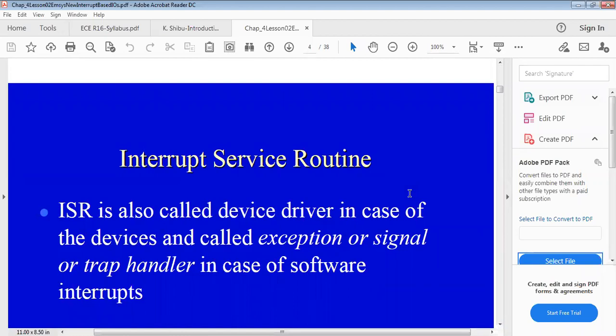See here, ISR is also called a device driver in case of devices, and called an exception, signal or trap handler in case of software interrupts. These interrupts are of two types: software interrupt and hardware interrupt.